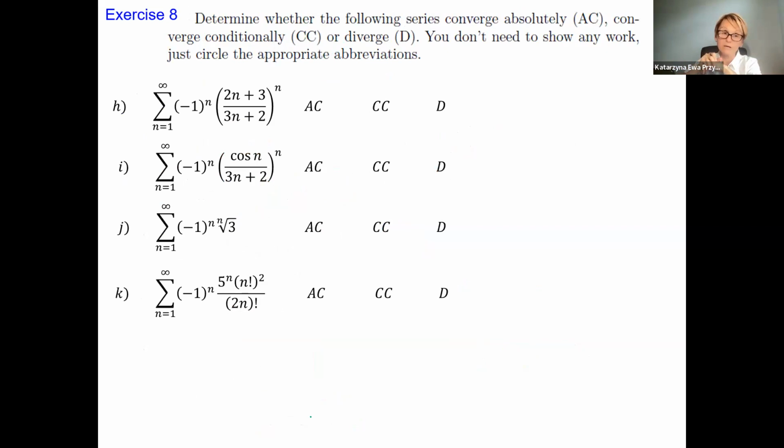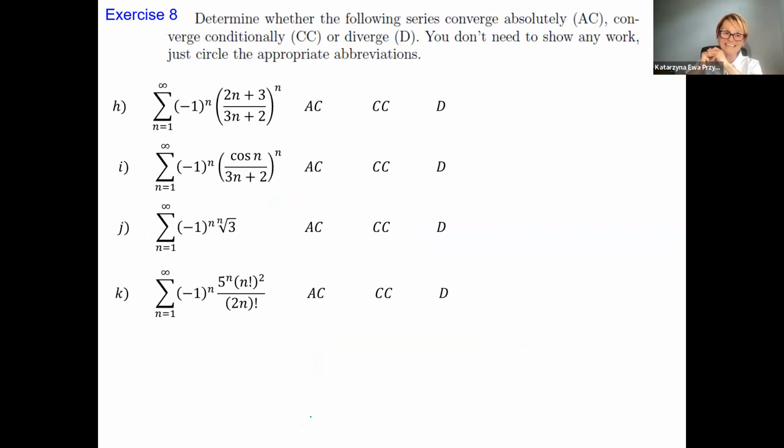Good review. Okay, good review. Please, yeah, please. Okay. Oh, I don't know if we can do this one really quickly. Or maybe H. Maybe H. What test will we use? We will use the root test because they are all alternating. We will use the root test.